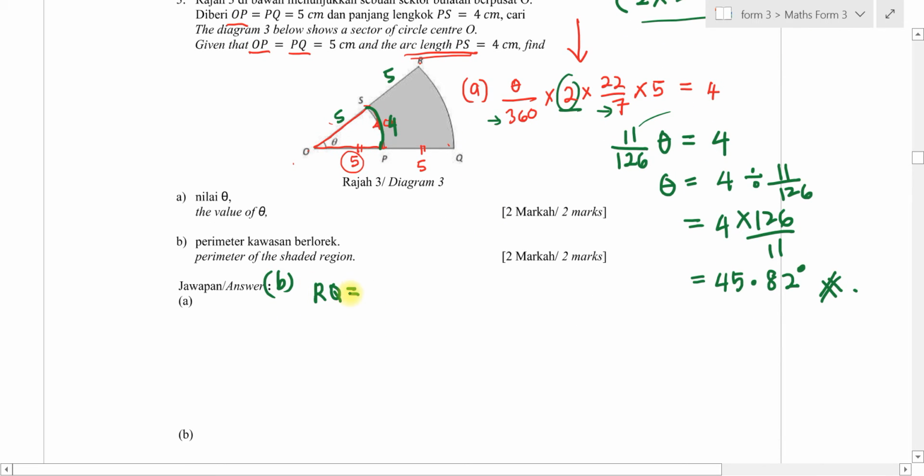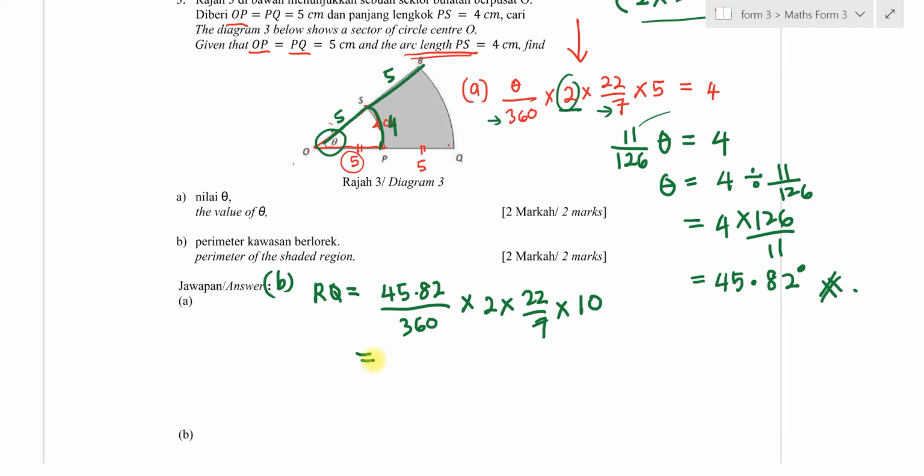RQ is equal to, take the angle here, 45.82 over 360 times 2 times pi times the radius. The radius for the big sector is 10. Remember that. Now calculate this. You can apply the same thing that I taught you just now.